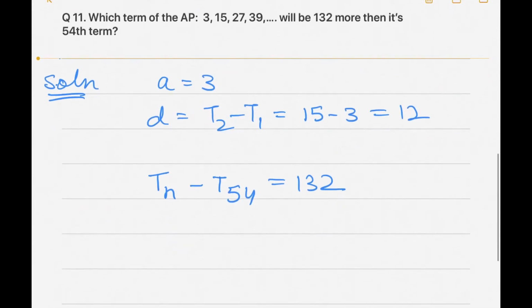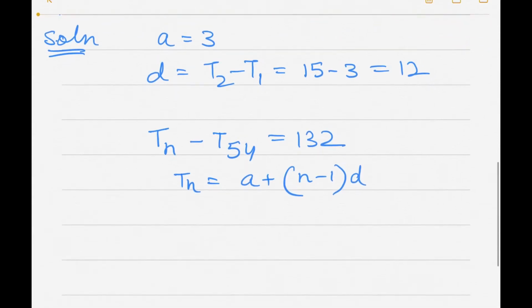So that's fine. Now I have to apply the formula Tn is equal to a plus n minus 1 into d. Okay, now Tn a plus n minus 1 d I can write down like that. So a plus n minus 1 into d. Okay, and I have to subtract. I'll put it in big brackets so no sign mistakes will happen.